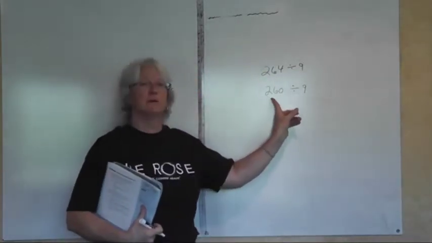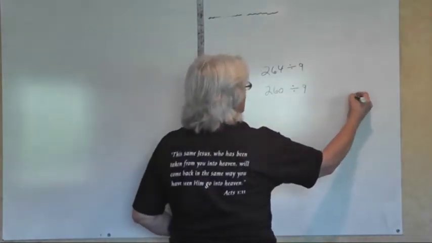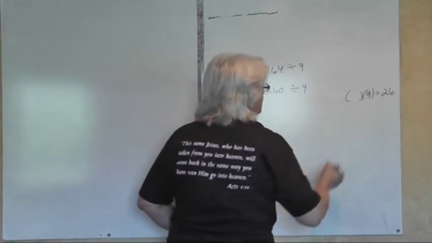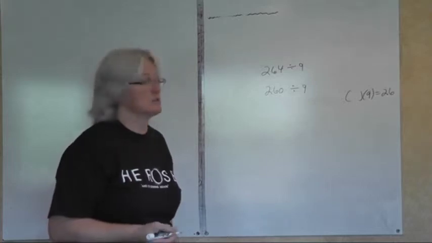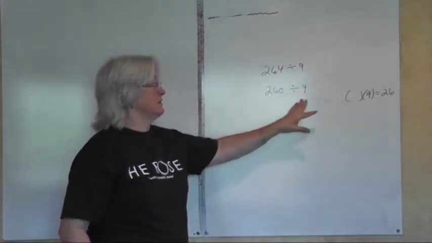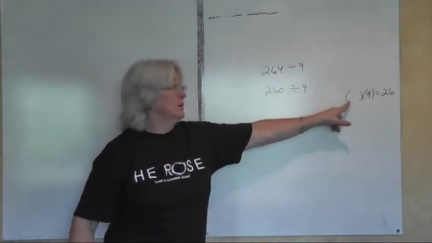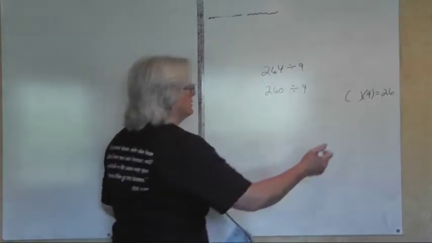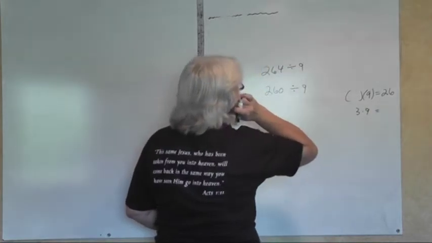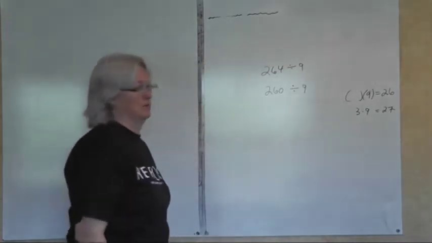Can you divide 26 evenly by 9? Is there something times 9 that is equal to 26? Is there some multiplication fact? Well, no. So this is not even. 9's not going to go into there evenly. But what math fact do you know that's close to that? Yeah. 3 times 9 is equal to 27.